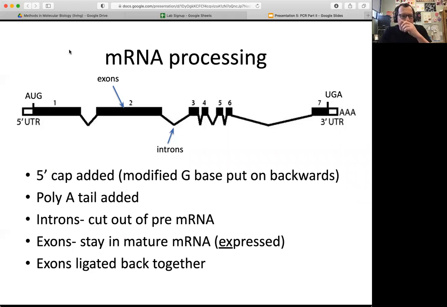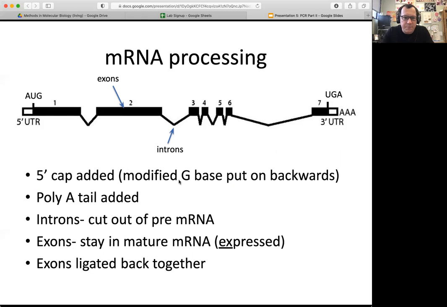Okay, so this is another way to represent messenger RNA splicing. People draw these boxes, and these V-shaped lines represent the introns. The bigger boxes represent the exons. Again, at the beginning of the messenger RNA, we would typically have a cap put on there.